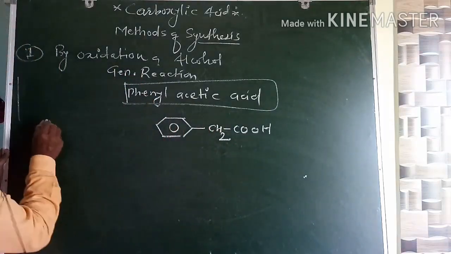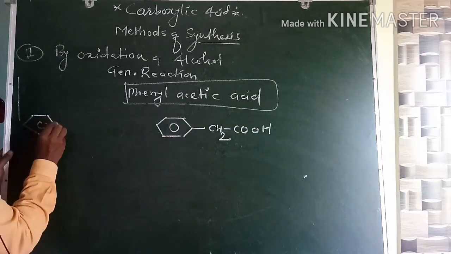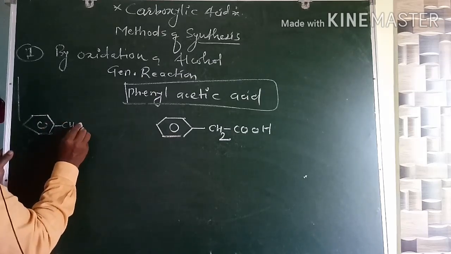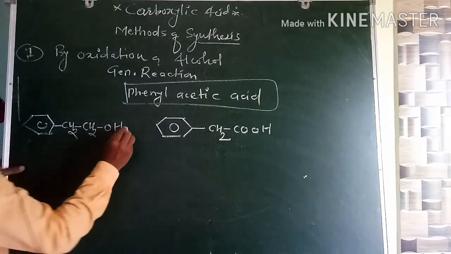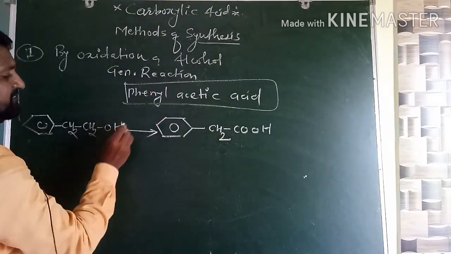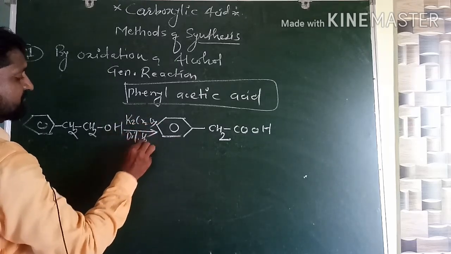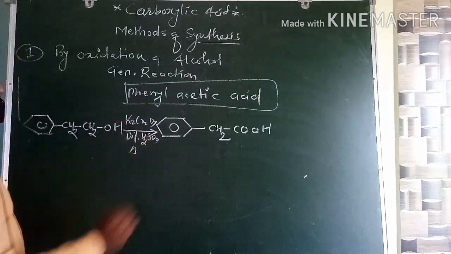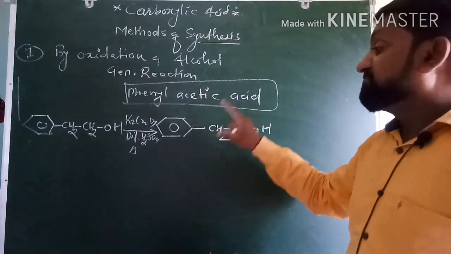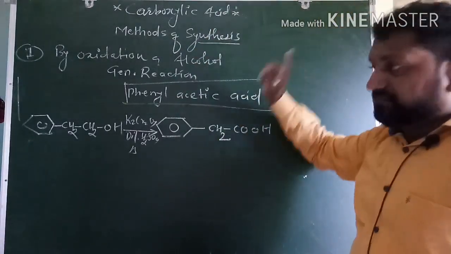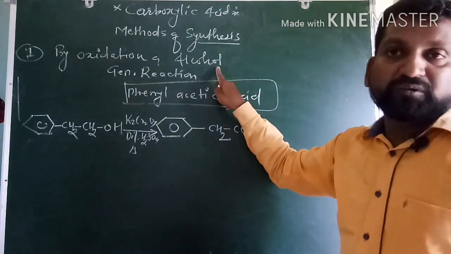I am writing the reactant from the product: phenyl CH2CH2OH, arrow, K2Cr2O7 and dilute H2SO4, heat. Got it? In this way you can prepare any monocarboxylic acid by oxidation of alcohol.